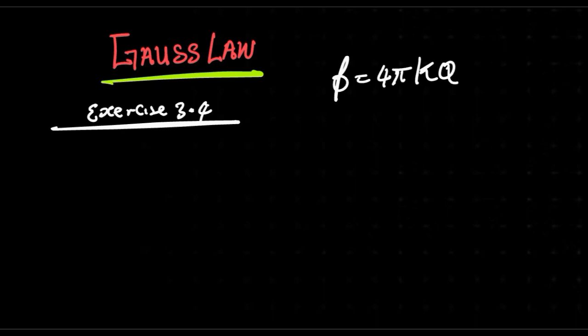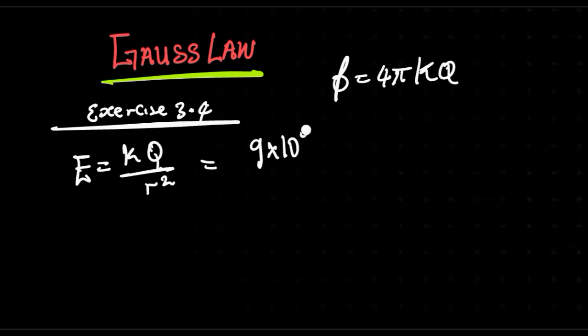I would like you to understand, it says a negative point charge of 4.8 microcoulomb. Now if you are to calculate the magnitude of the electric field, you just say E is equal to k q over r square. What's your k? 9 times 10 raised to power 9.